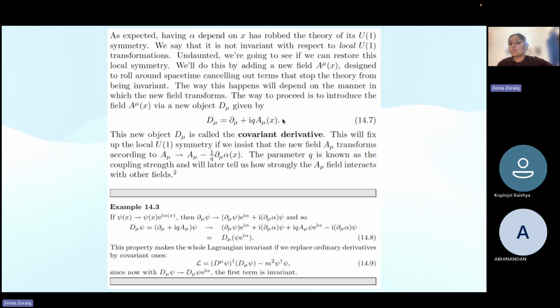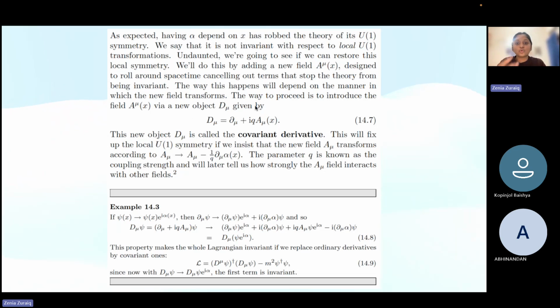This is what we do in electromagnetism, right? In classical Lagrangian mechanics also, if you are asked to write the Lagrangian of an electromagnetic field, you end up writing something like this. The momentum operator looks like this. So basically, this is what is called the covariant derivative.